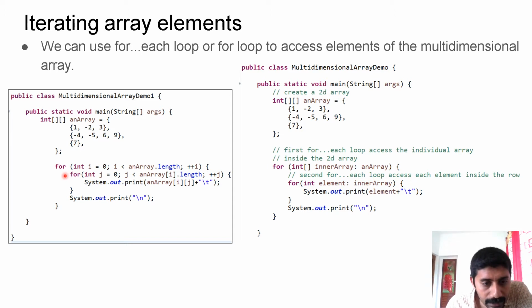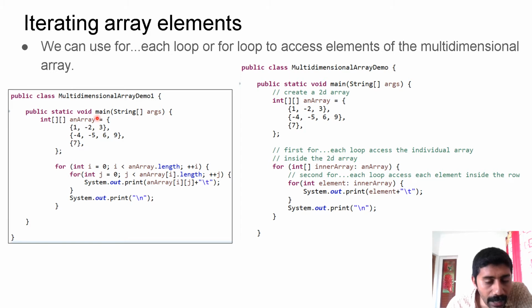Here I am printing for i equal to 0 up to array dot length. To get the length of the array, I am using array dot length. So here I will get how many elements this array has: 1, 2, 3.